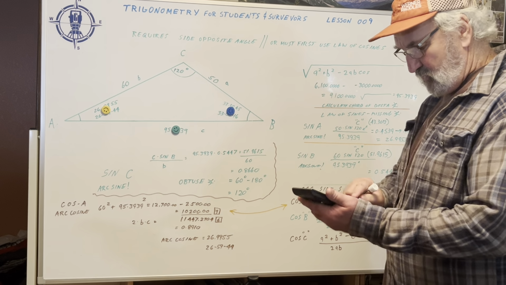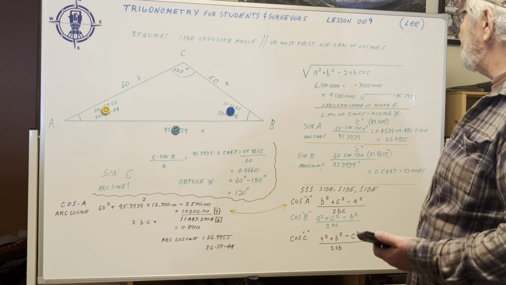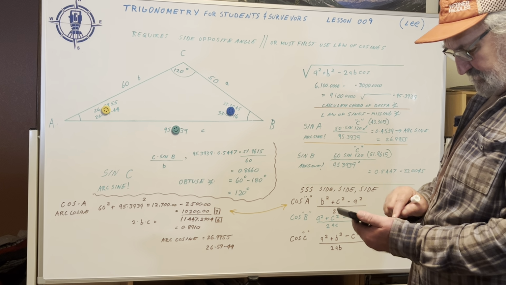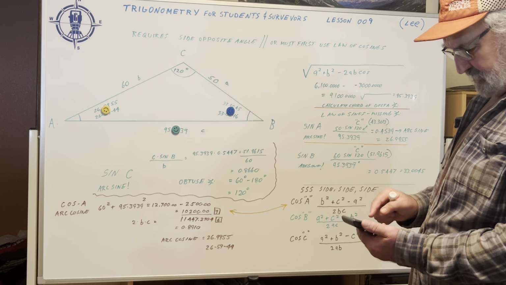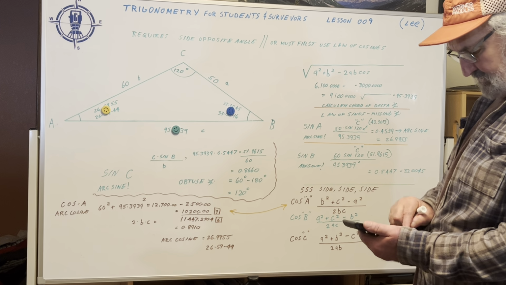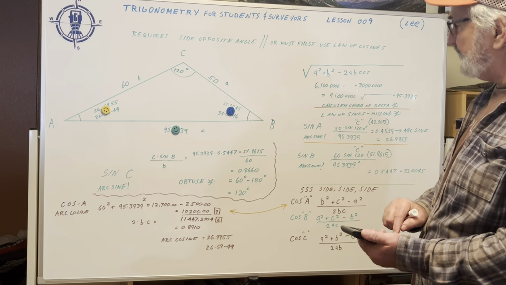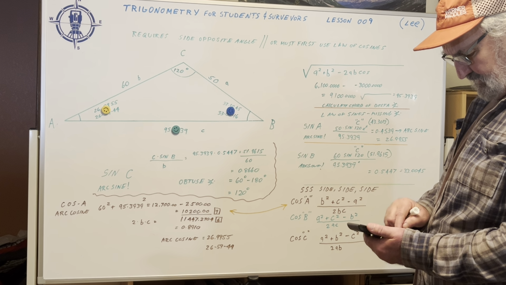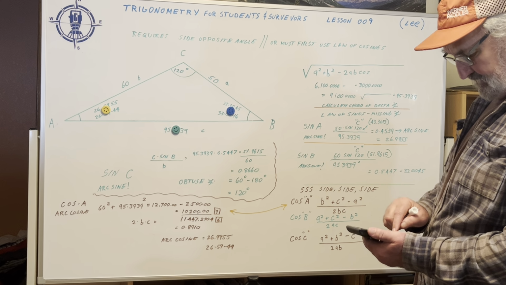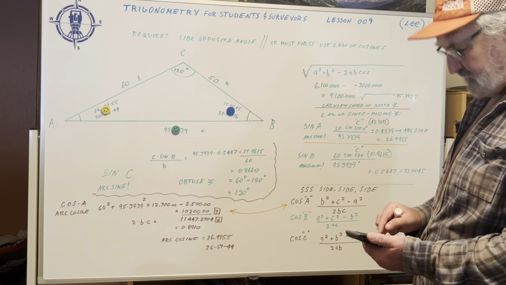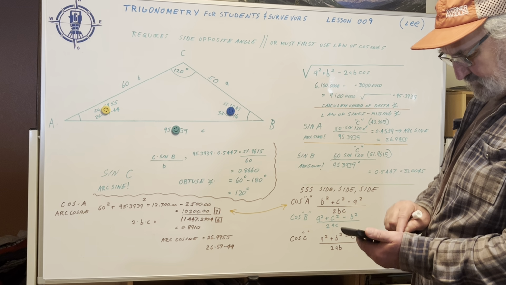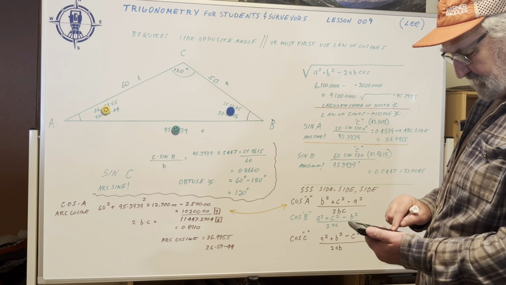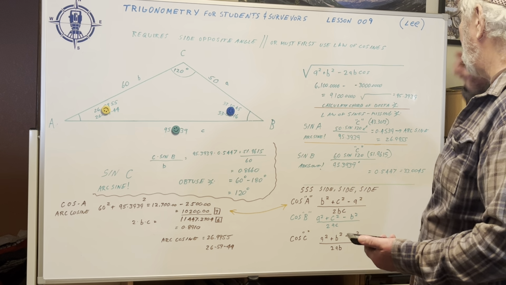I'm just going to work that in the calculator for you there, A squared plus B squared. So we're going to go 60 squared, 50 squared plus 2, enter, 50 times 60 times, and then we want the angle 120 cosine, that's a negative 0.5, and times is a negative 3,000.